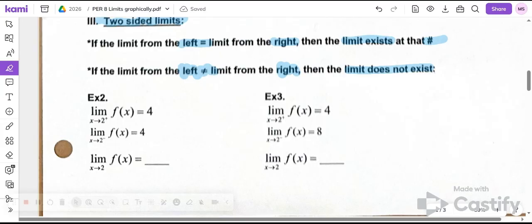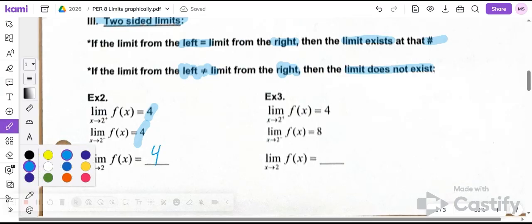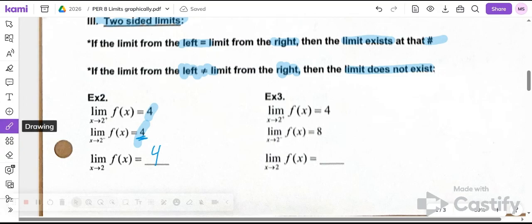So let's do it with numbers to make it nice and easy. Here, this one says it's 4 from the right and 4 from the left. I call this the full limit. The actual full limit would be 4, because what number are they both? 4.